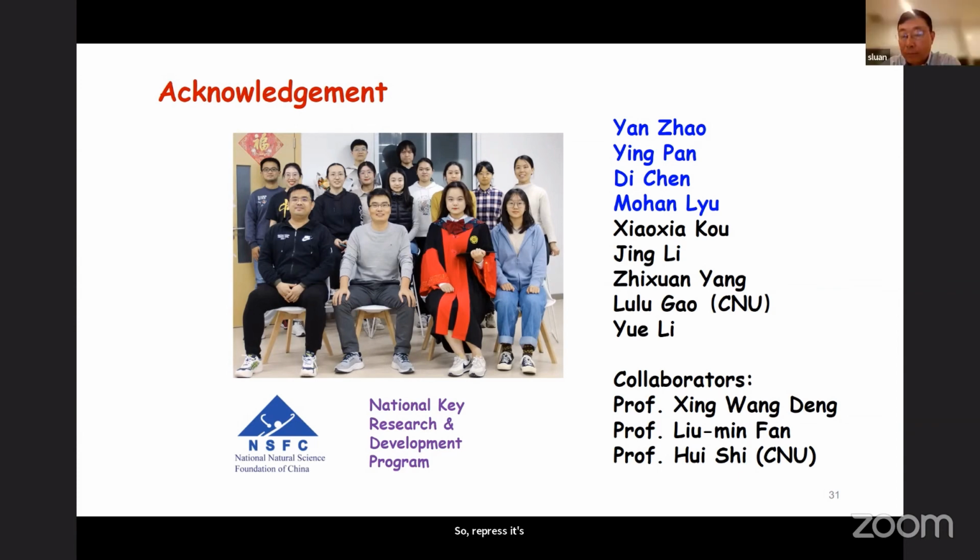So the warm temperature will repress PhyB function and promote the elongation of the hypocotyl. So this phenotype can be explained by this mechanism.